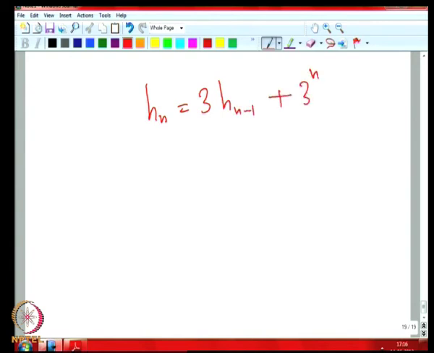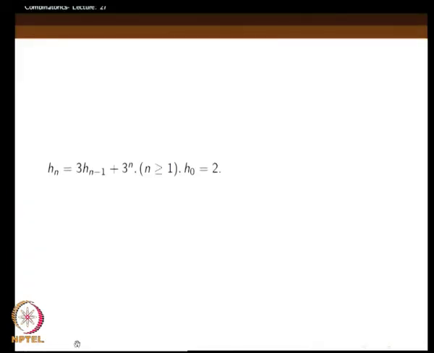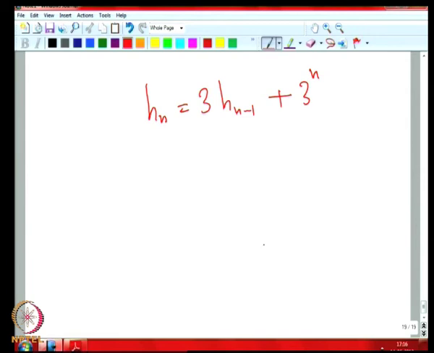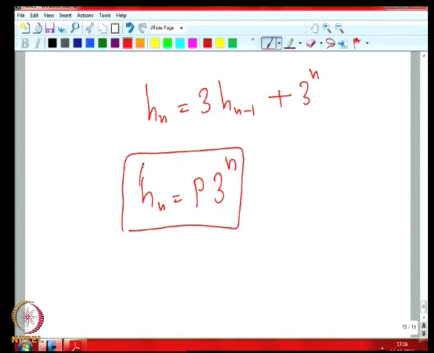Now, we look for a particular solution for hn equal to 3 into hn minus 1 plus 3 raised to n. What we can do is go back to the chart. If you recall, because it is an exponential bn equal to d raised to n, the chart would say try p times d raised to n. So, hn equal to p times 3 raised to n is what it proposes to try, but we have tried it earlier for hn equal to 2 into hn minus 1 plus 3 raised to n.